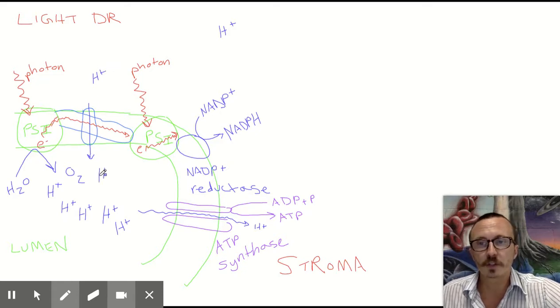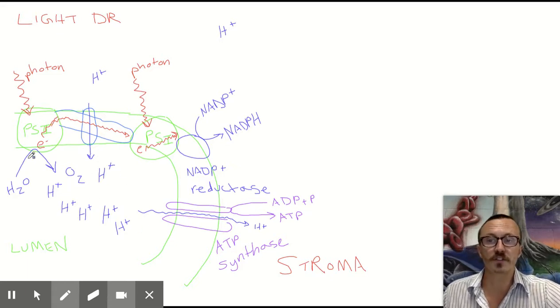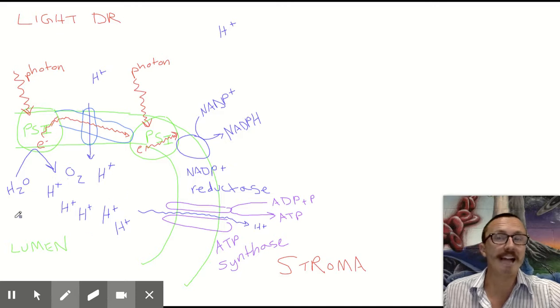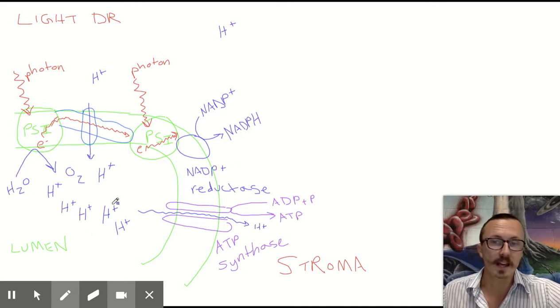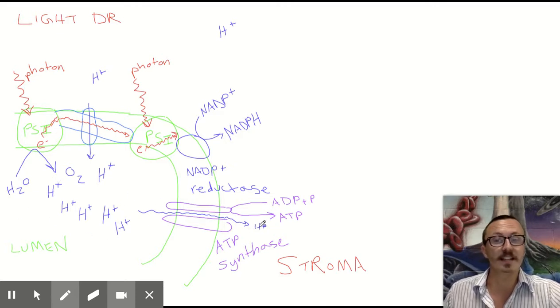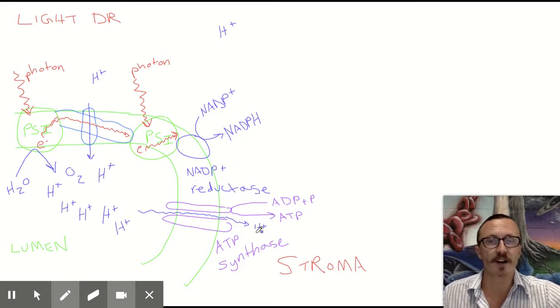So we have two sources of hydrogen ions, two sources of protons. So you could imagine, right, as this continues to cycle over and over and over again, these hydrogen protons start to get really packed tightly in the lumen. They want to escape. And as they zip out of this ATP synthase enzyme, they provide the energy to take adenosine diphosphate and to form ATP.